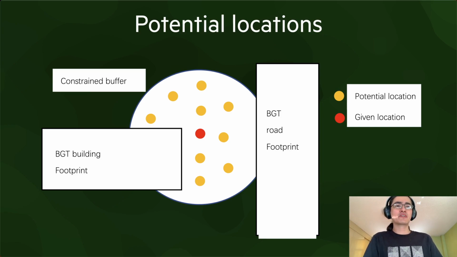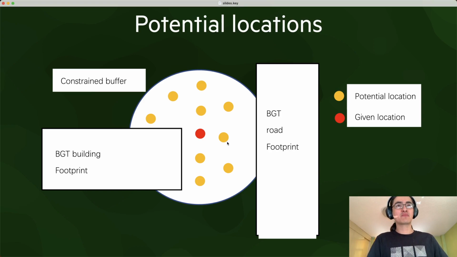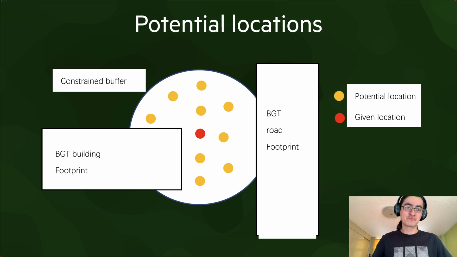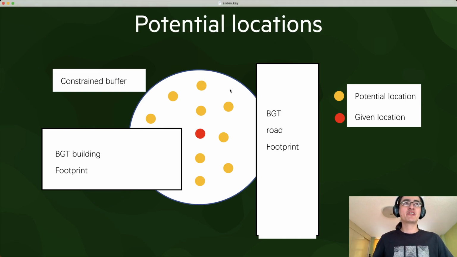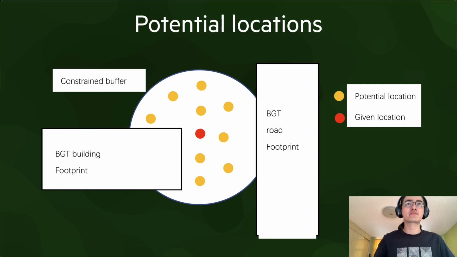So what Yixin did was to try to improve the locations that the weather stations have according to Netatmo. For that, you start from a given location, like the one here in red, which is provided by the API. And you generate potential locations in an area surrounding it, making sure that you are not inside a building, because these are outdoor stations.